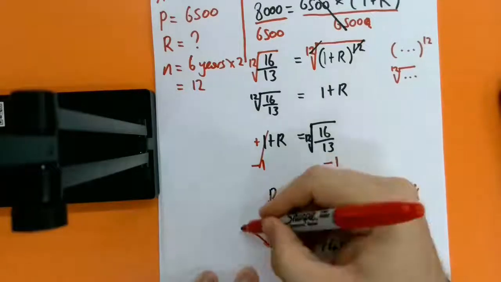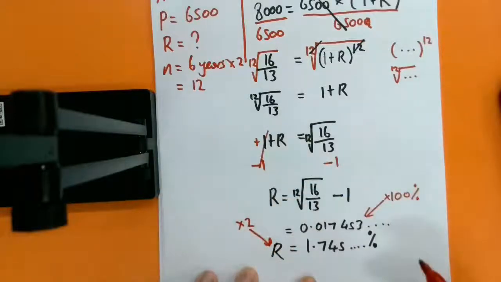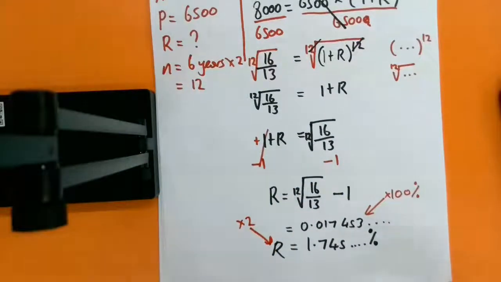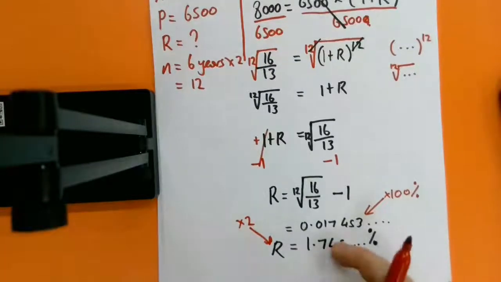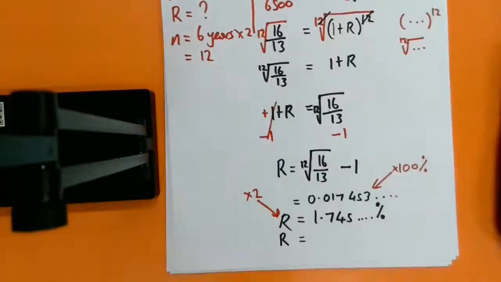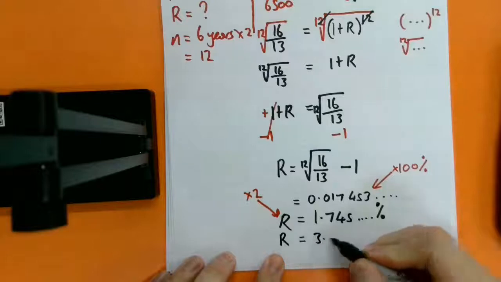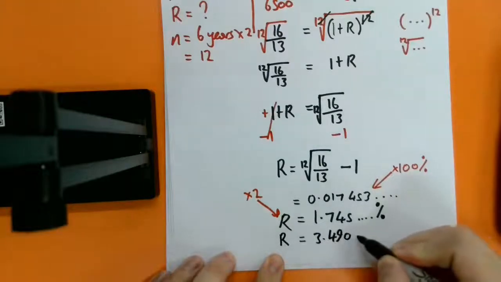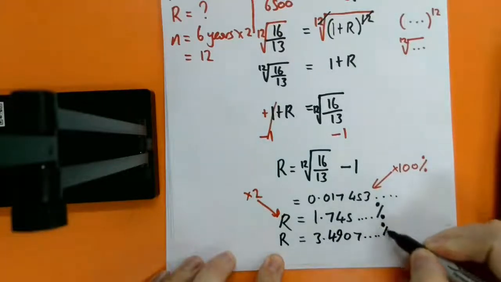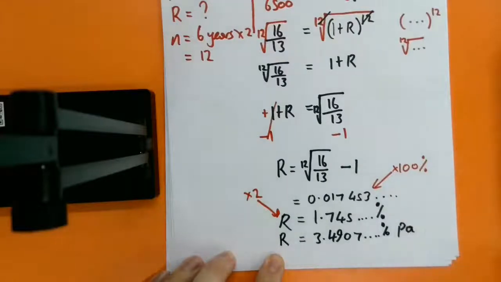So we have to actually multiply this by 2. Now I haven't rounded specifically for this reason, to make sure that my answer is accurate. Alright, so if I multiply this here by 2, what we end up with is 3.4907... And that is actually now per annum.